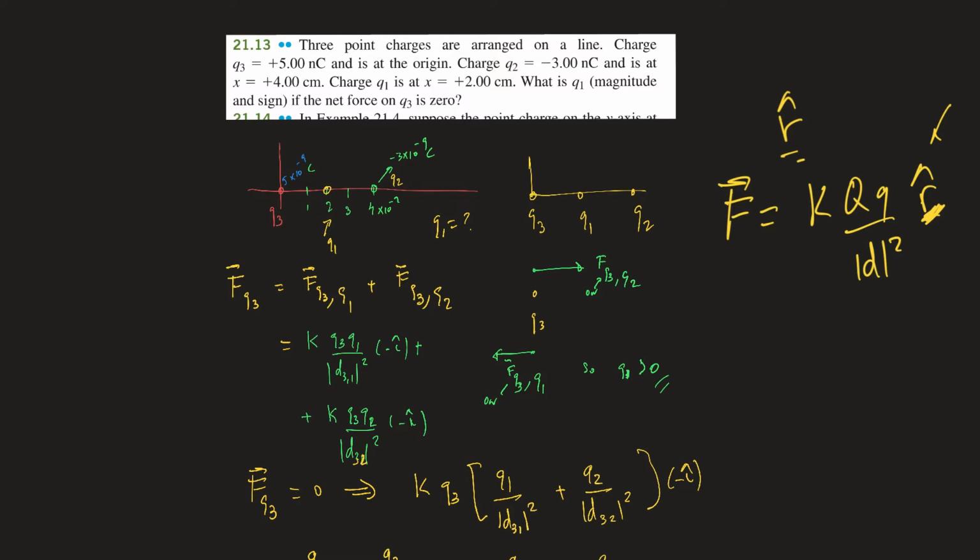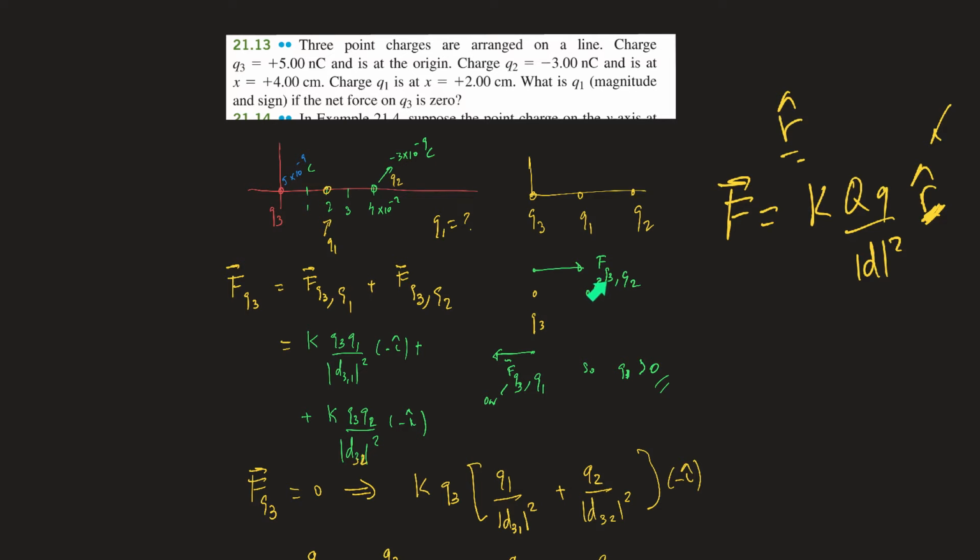So the force acting on Q3 will be two terms, one due to Q1 and one due to Q2. The problem says that the charge Q3 is positive and the charge Q2 is negative, so between them they will have an interaction that goes to the right.